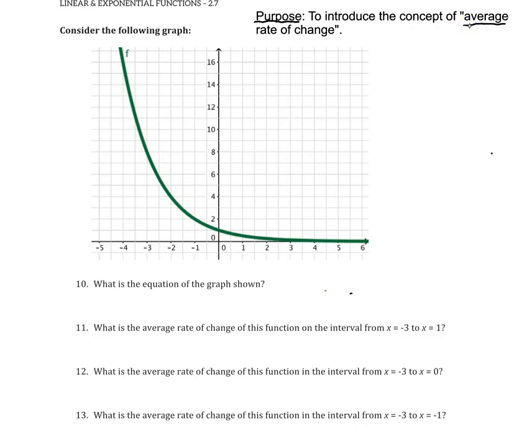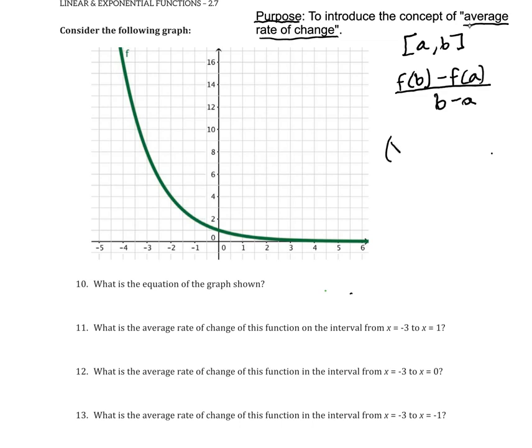And that formula for average rate of change is, if I have an interval from a to b and I want to know the average rate of change over that interval, then I have to find the change in y, which is f of b minus f of a, divided by the change in x, which is b minus a. And so that's one way that you'll see the formula written.